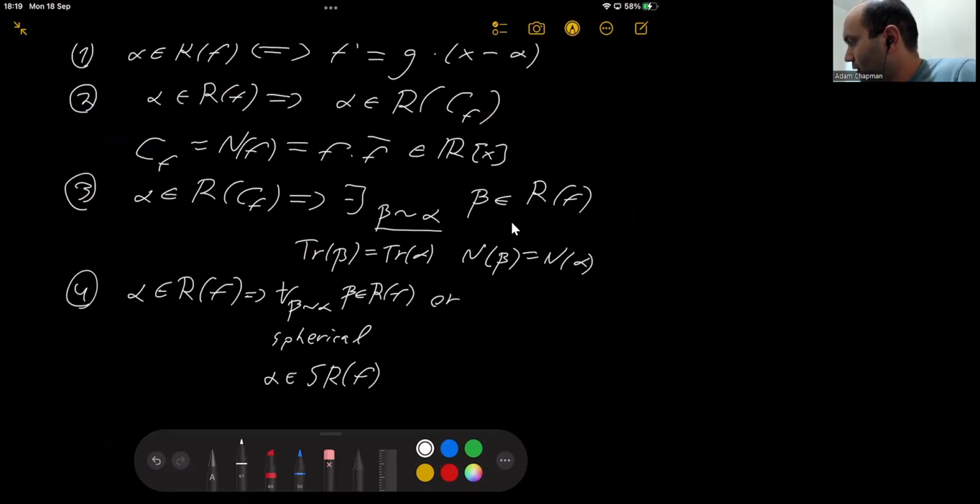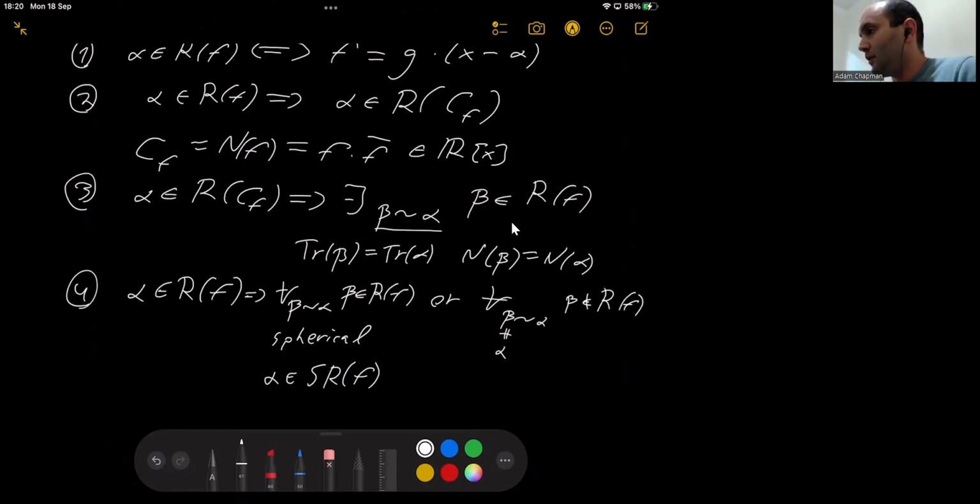The other option is that alpha is the only representative of that class that is a root of f. So that means every beta equivalent to alpha that is not alpha is not a root of f.